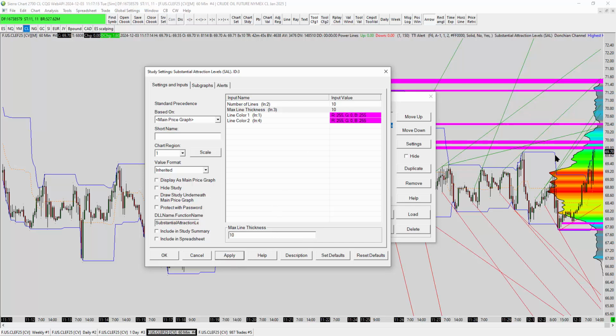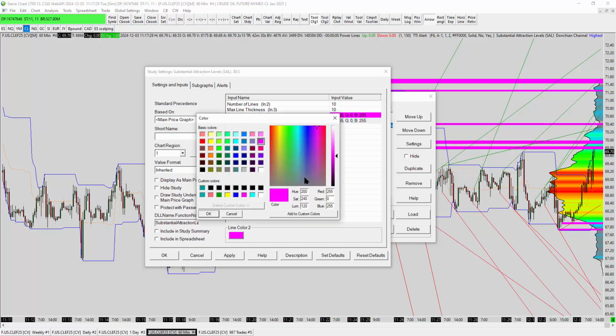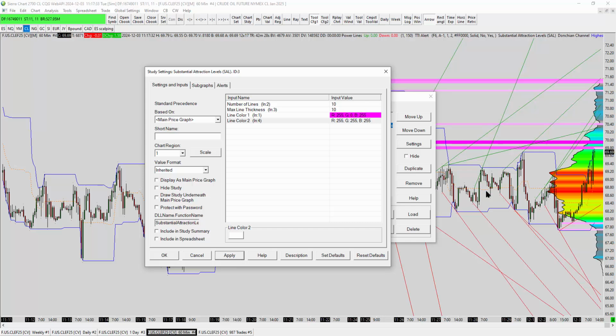So now I have the bigger levels thicker. Also, you can have it shaded: the thicker, the bigger, the darker. So for the lower one, the lower color, make it white. Now the shading will differ. See that?